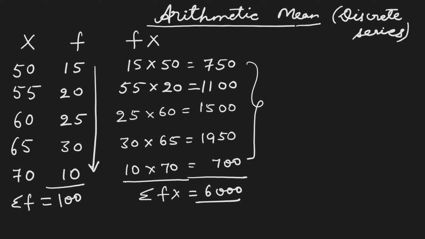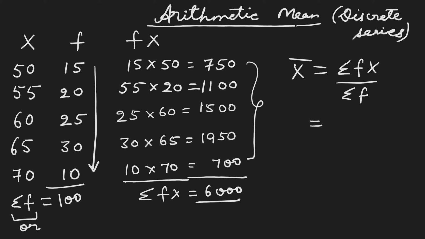So what was the formula? We have just seen that the formula is x bar is equal to summation fx upon summation f. It can be summation f or n, both are the same thing. So the next thing is we will put these values in the formula.